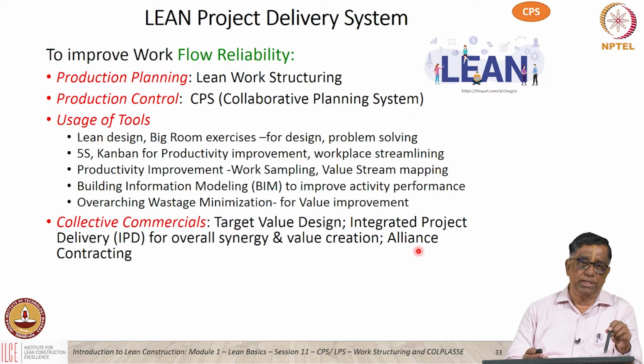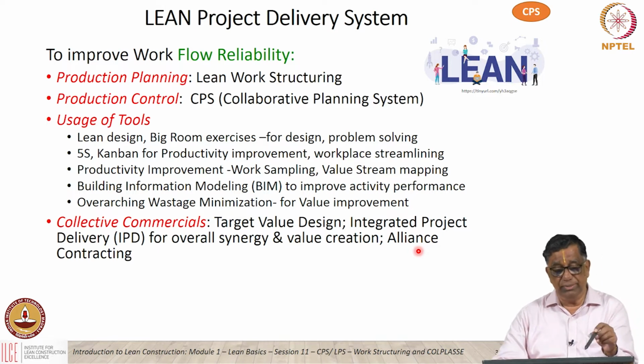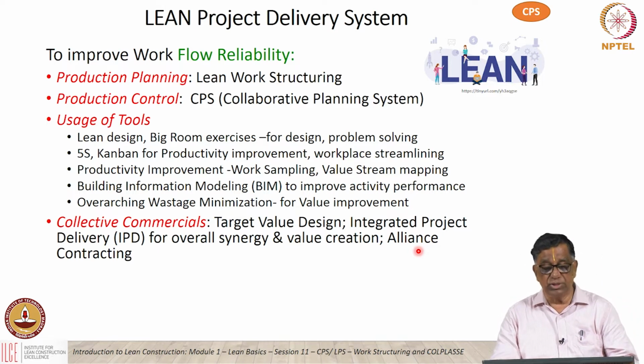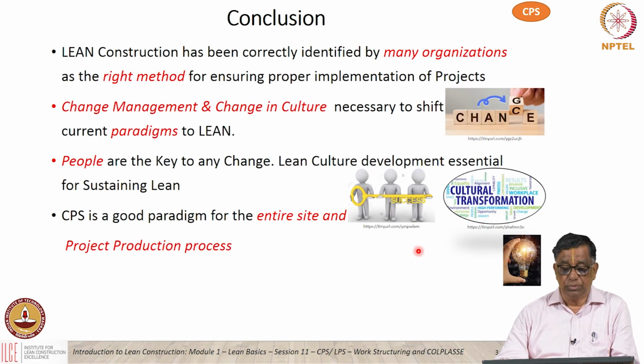Everybody can work as a big team, share all the gains and pains, and optimize the project to the exact degree required. No wastage, no cost overrun, and no time overrun. So these are all the various aspects of the lean project delivery system.